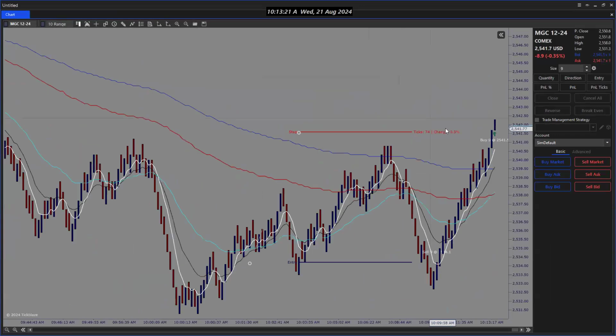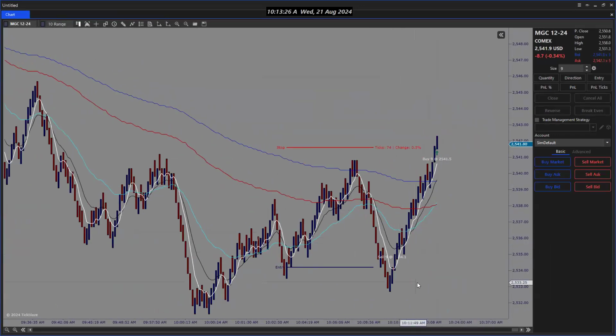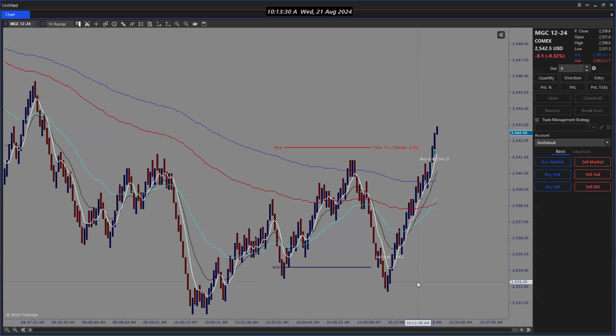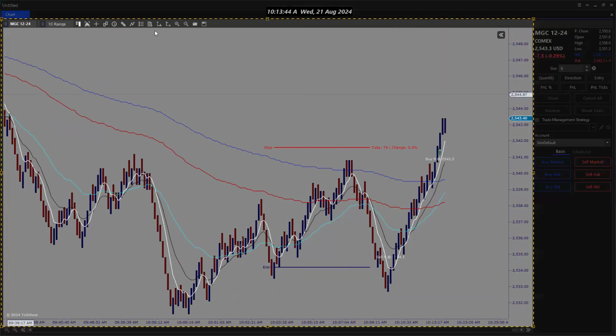Super, super duper. That's why we traded in sim at first to get used to it. I think looking at it, we're going to have to kind of eyeball the location of these trades to make sure we're not getting in too low.